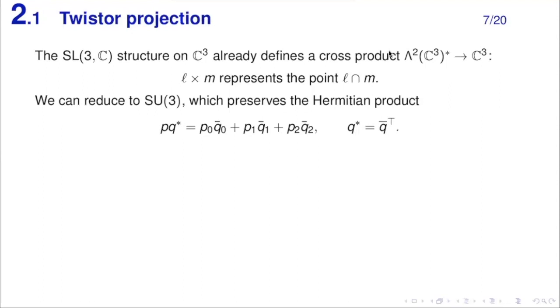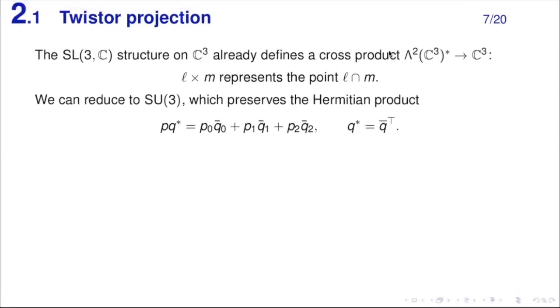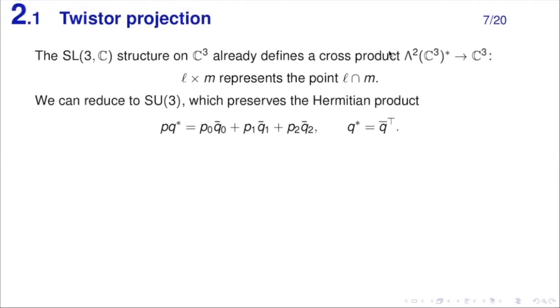Okay, so I want to now bring in this unitary structure. What I'm really doing is passing from the complex group to the unitary group SU3.